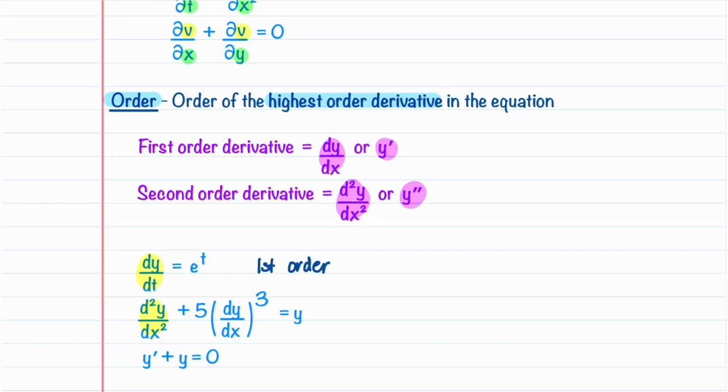That is a second derivative. So this equation is a second order equation. Let's now look at our last one. The highest order derivative in this equation is y prime. That is a first order derivative. So this equation is just like the first one, and it is a first order equation.